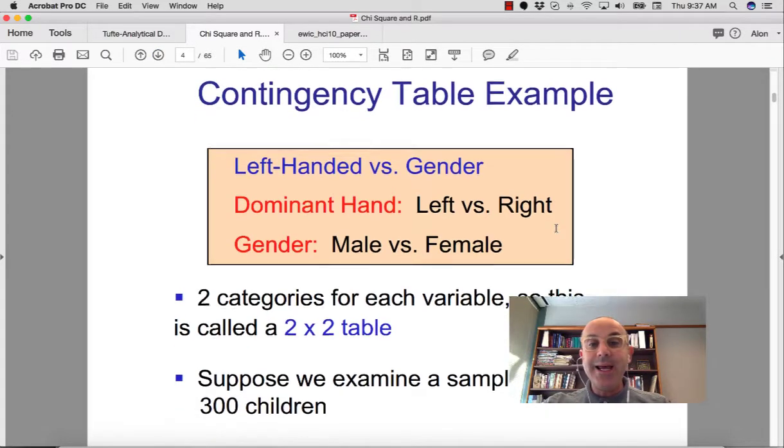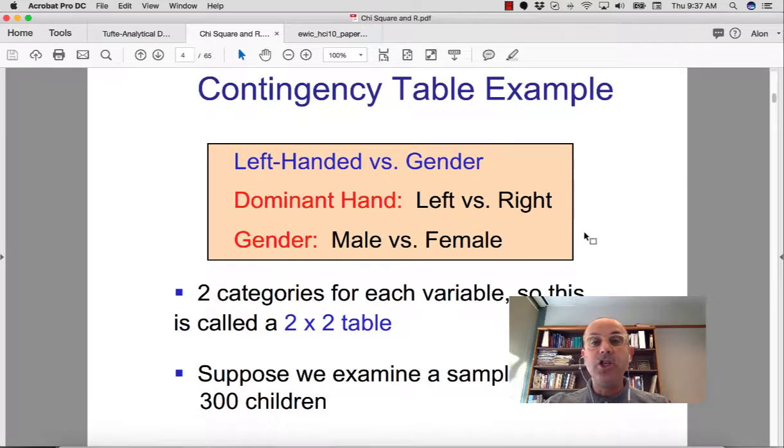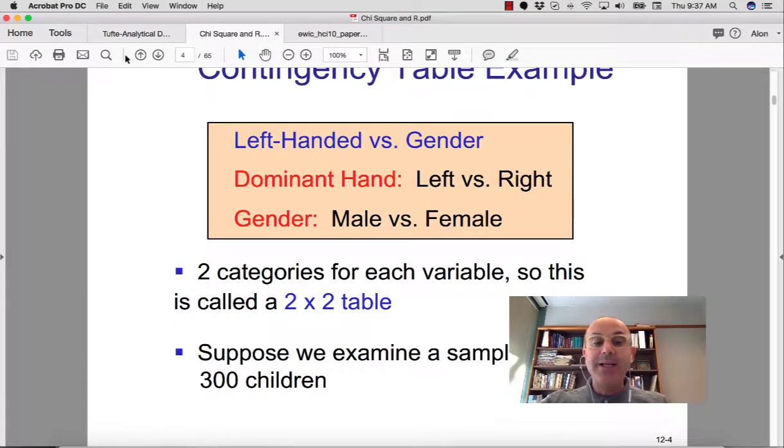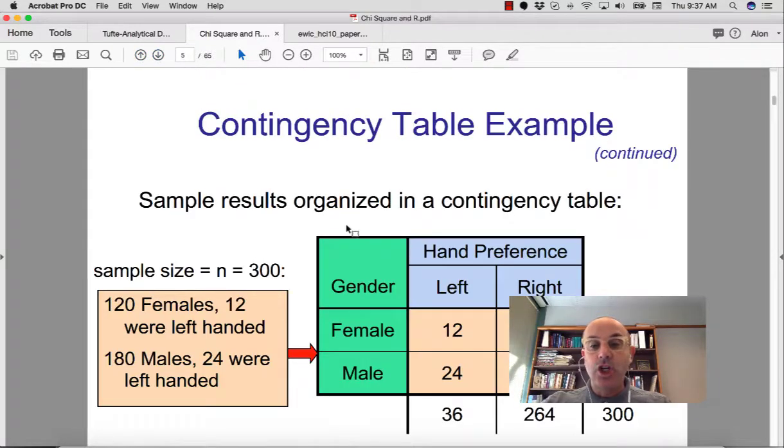And the idea here is that if we look at gender and dominant hand, left or right, gender, male or female, we have 2 categories with each variable, so it's called 2 by 2. Suppose we sample, for example, 300 children.